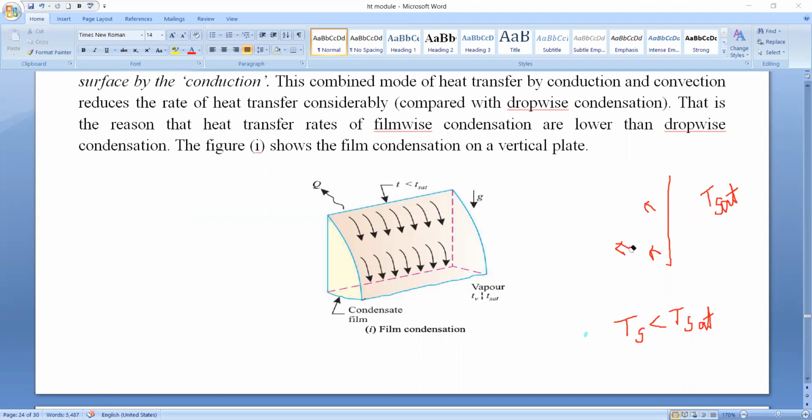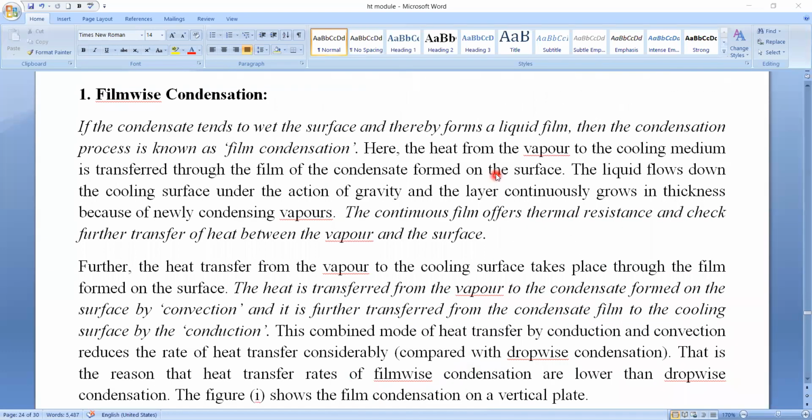So let's have some technical discussion on film-wise condensation. Let's read each and every point carefully. If the condensate tends to wet the surface and thereby forms a liquid film, then the condensation process is known as film condensation.